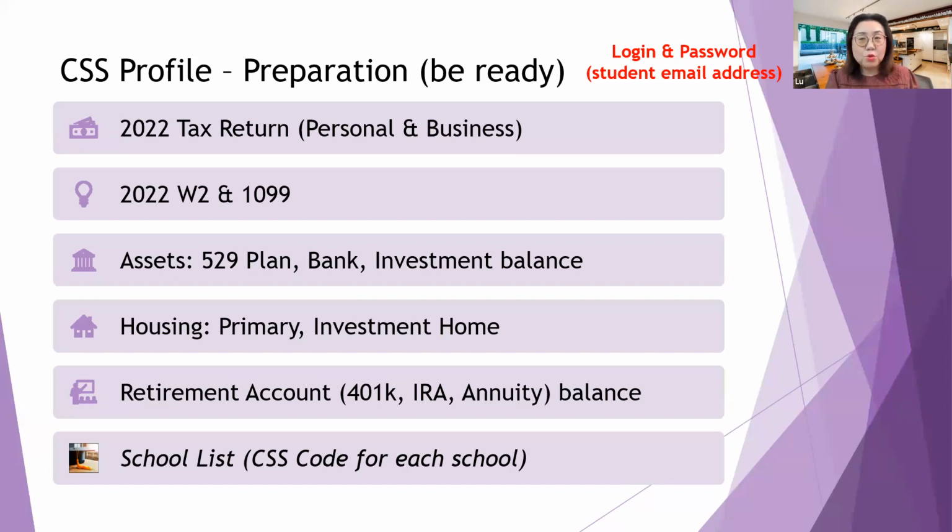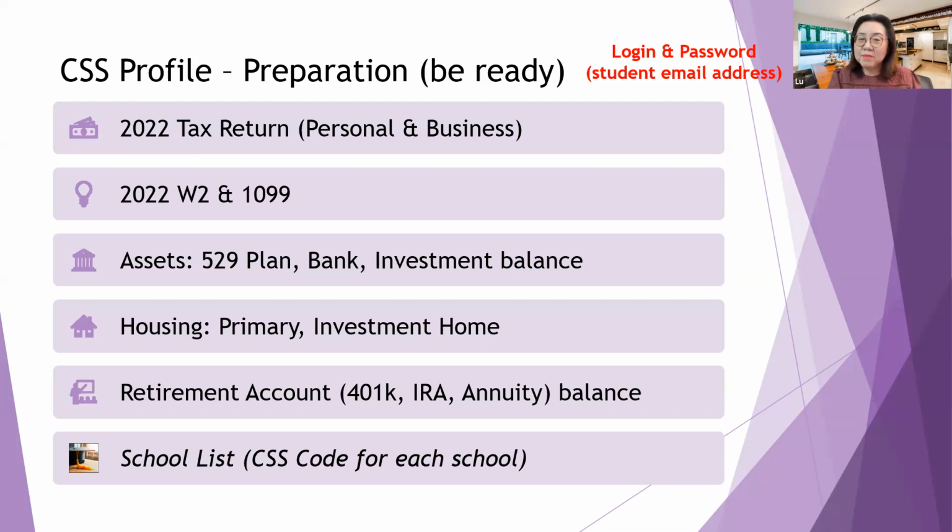Assets: make sure that you get your latest statement for your 529 plan, your bank statements, which include your CDs, your savings account, your checking account from both parents, and investment balances from your investment portfolio, like your stock and mutual fund accounts. What you want is the latest statement to have ready.